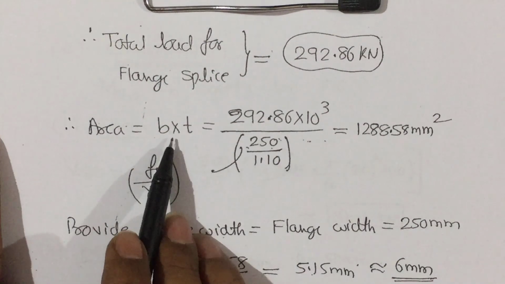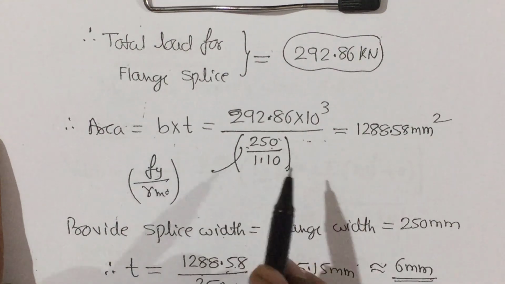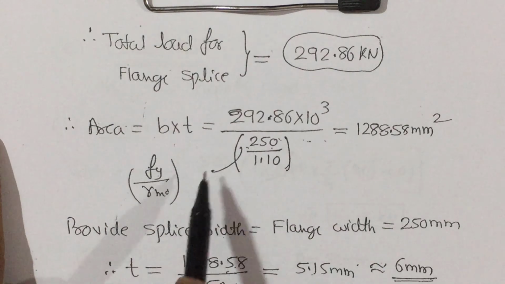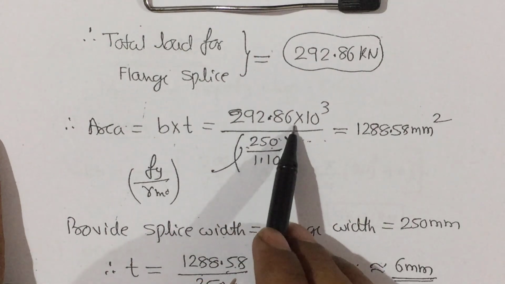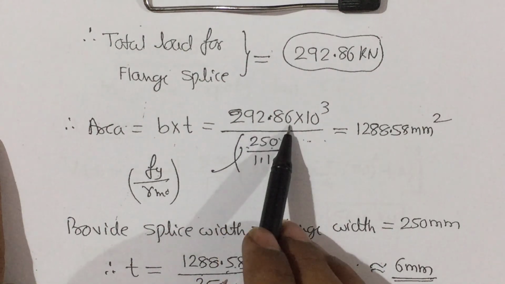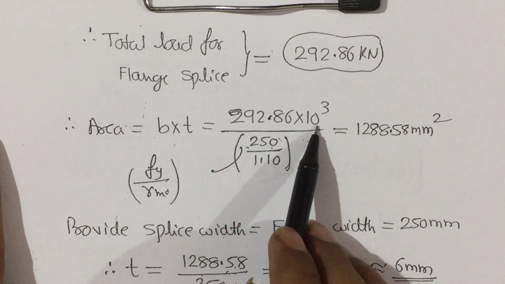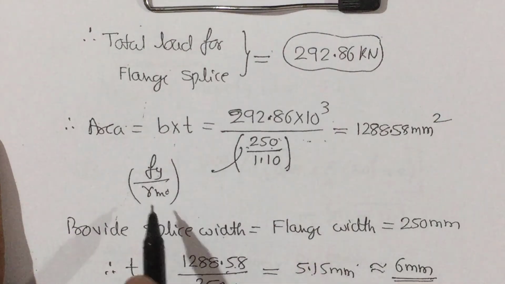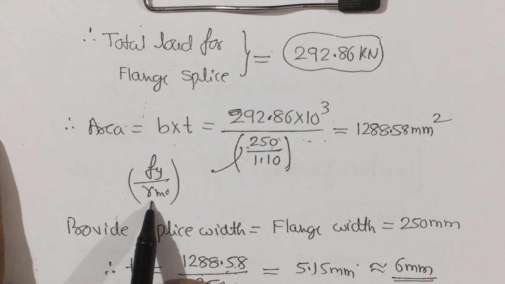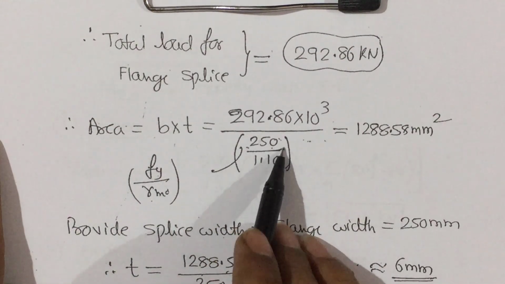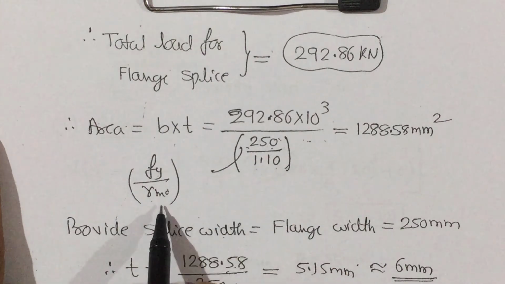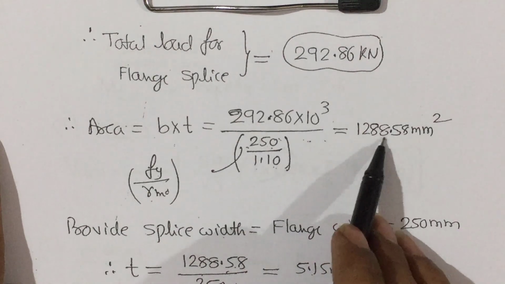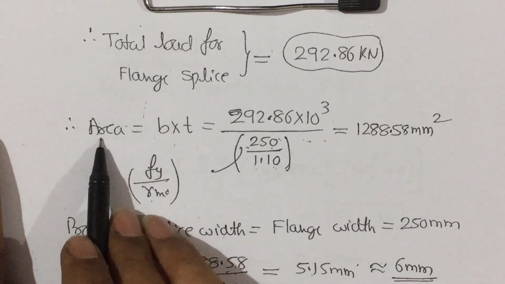Therefore, area is equal to width into thickness, that is given by 292.86 multiplied by 10 power 3 Newton, that is the total load, divided by Fy by gamma m0. Fy yield stress is 250, gamma m0 is 1.1, it is constant. You are going to get 1288.58, that will be the area.